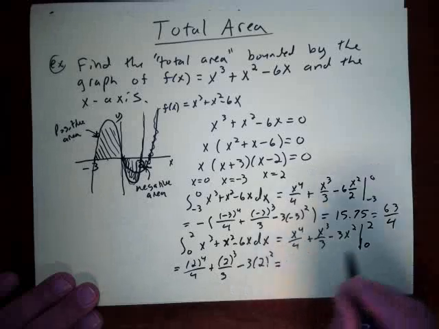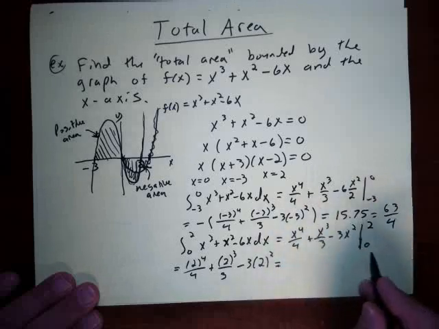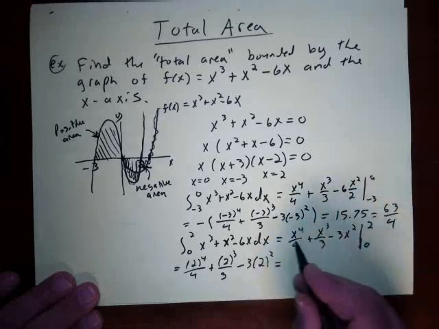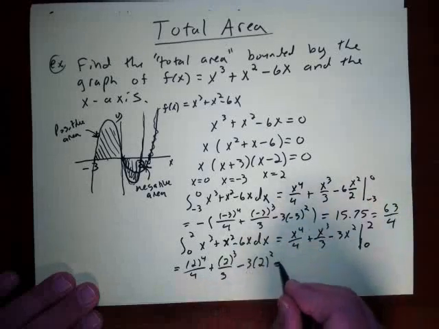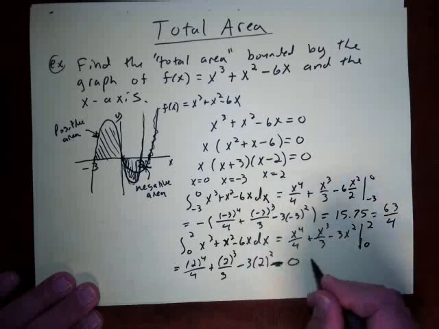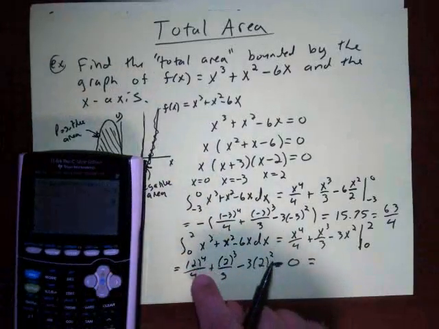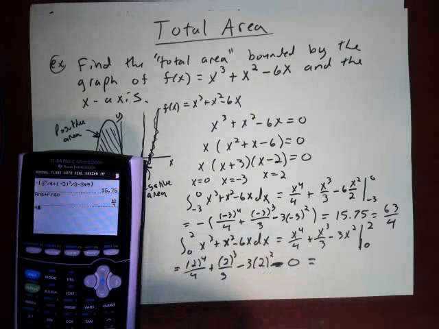And so then I subtract what I get when I put in 0. And when I put in 0 here, I just get 0. So this would be like minus 0. So let's see what we get here. 2 to the 4th over 4 is 16 over 4, which is 4.